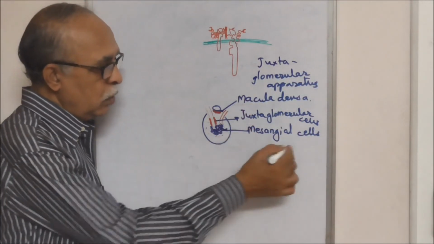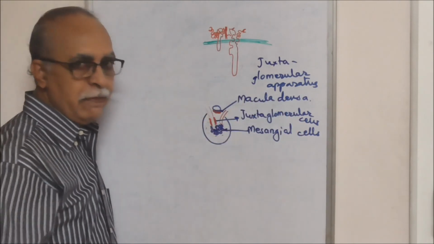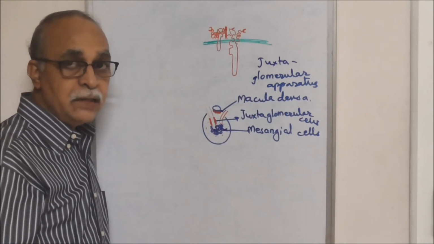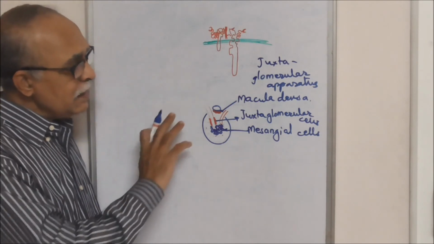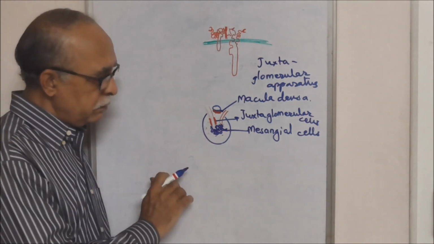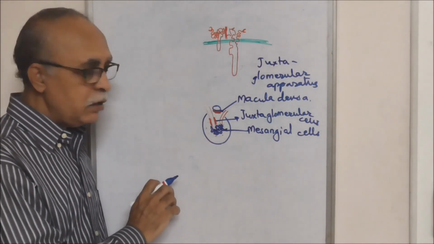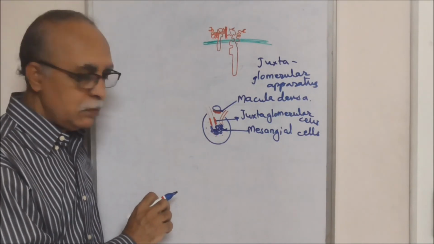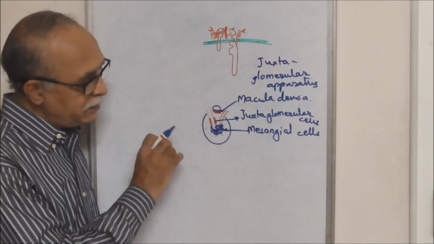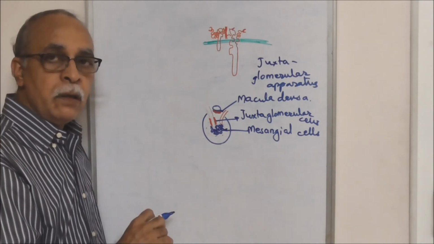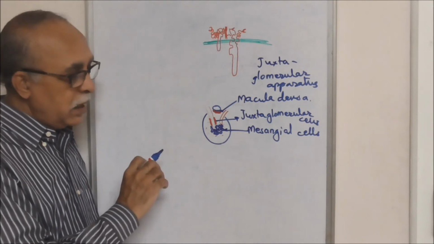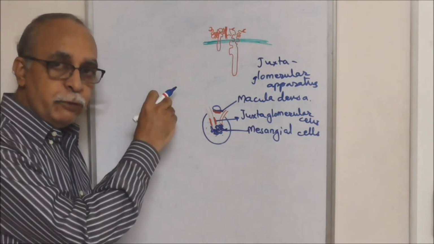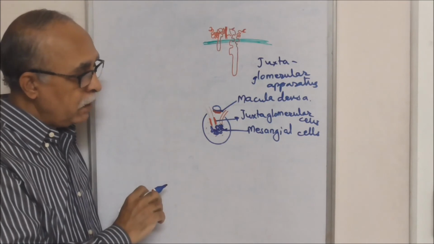It is all the cells together, all the machinery that we are seeing here. Now that is broadly the magnified view of the renal corpuscle or Malpighian body, in which we can see different types of cells assigned different functions. Each one has an appropriate role to play in the process of urine formation.